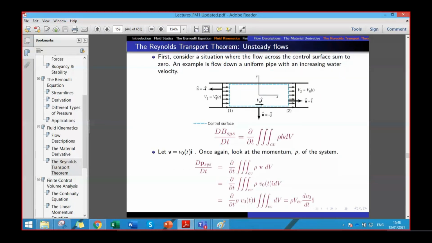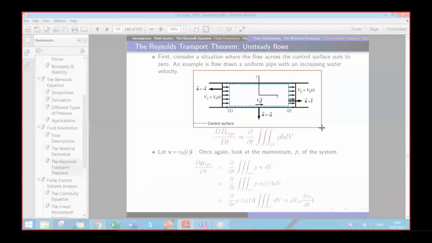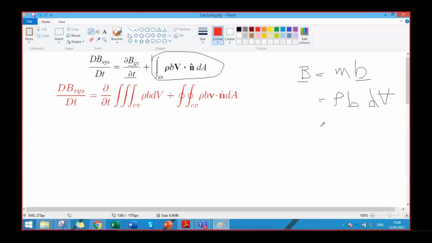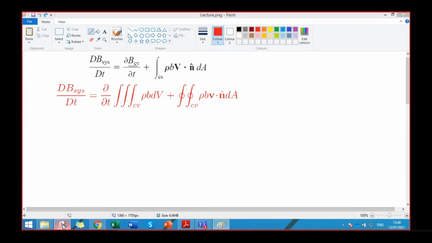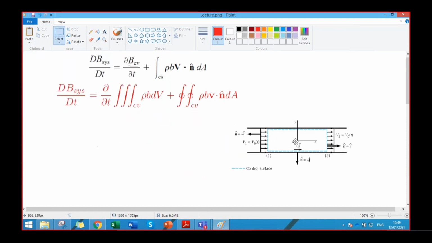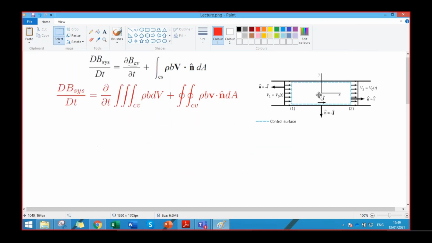So here is a situation, and we analyze it with respect to the Reynolds transport theorem. This is the situation, and I ask you to apply the Reynolds transport theorem on it.